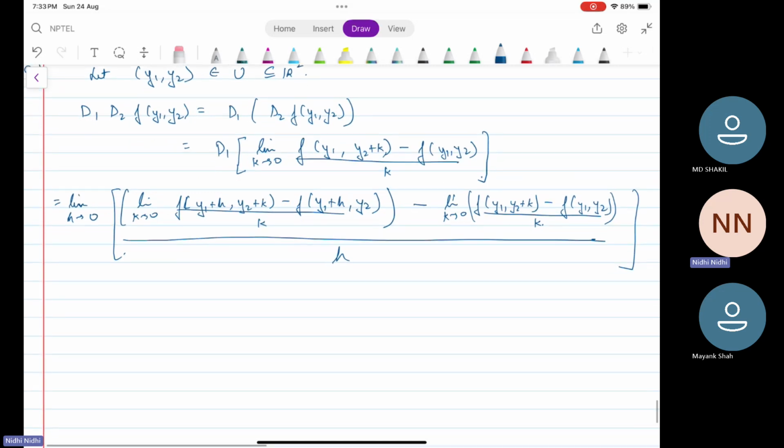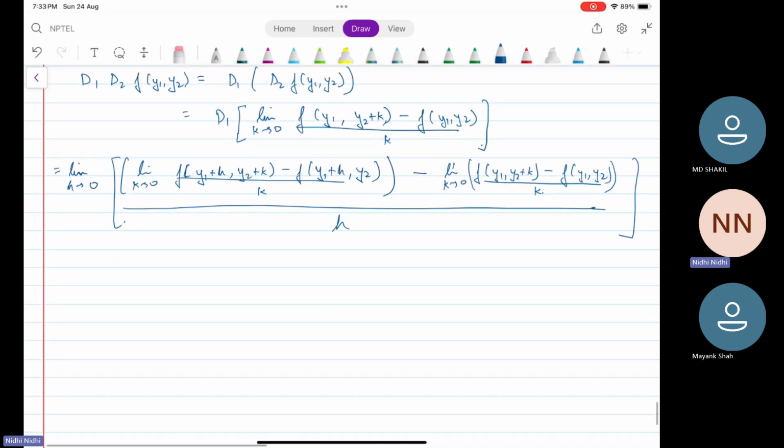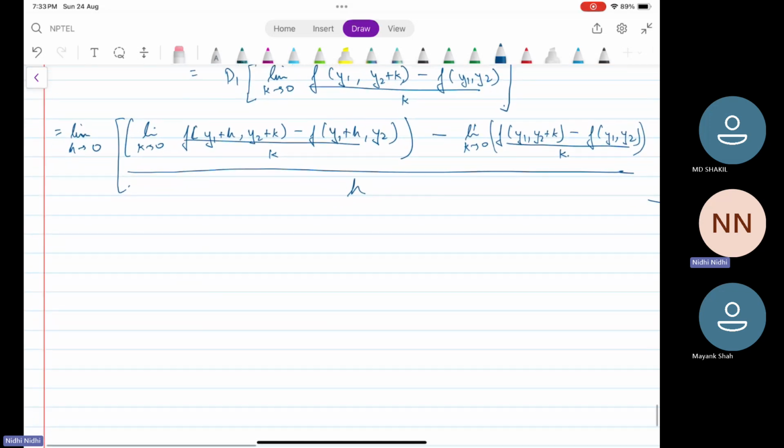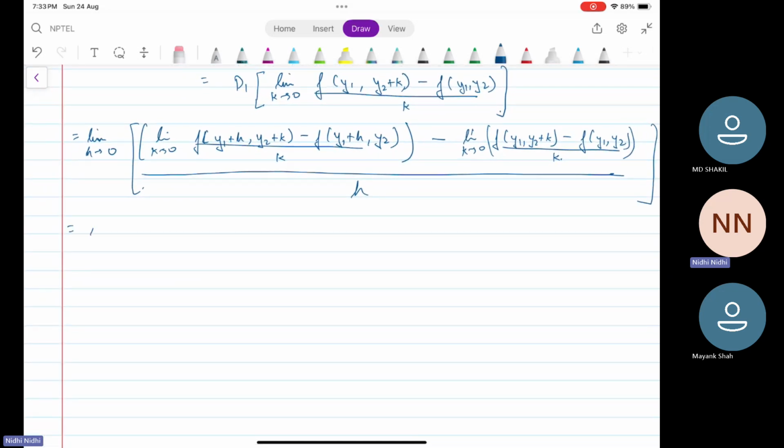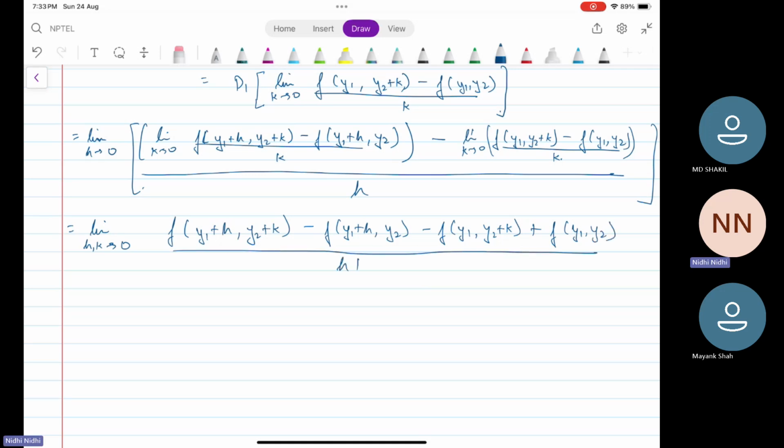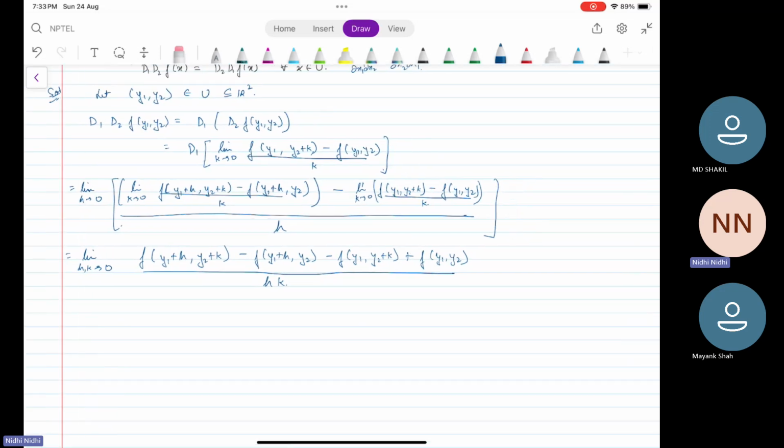If this limit exists, then we can say that d1 d2 exists. So let me take this limit k tending to 0 outside and simplify this. So this will be limit h, k tending to 0 of f(y1 plus h, y2 plus k) minus f(y1 plus h, y2) minus f(y1, y2 plus k) plus f(y1, y2) upon hk. So we need to show that this limit exists.